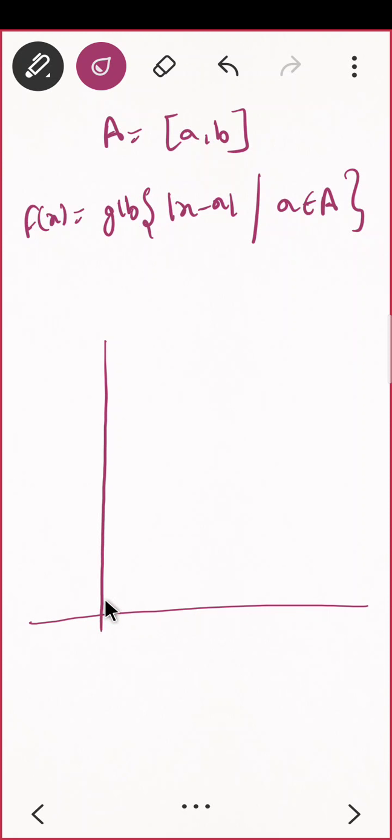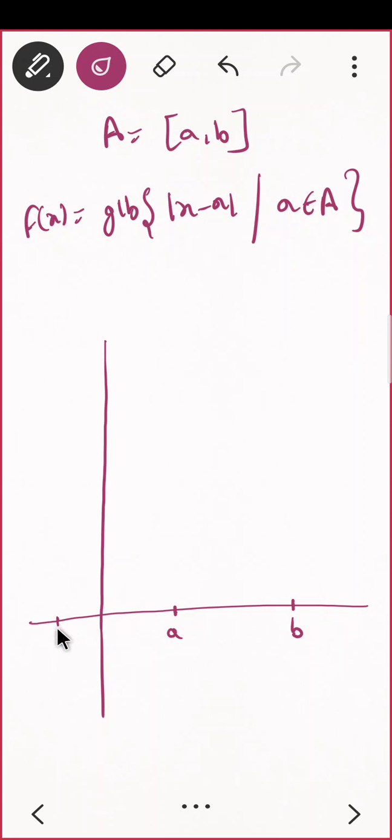F of x is GLB of mod of x minus e, where e belongs to that interval. What do you think the graph would be here? Say your point A is here, your point B is here. What happens if your x is here?